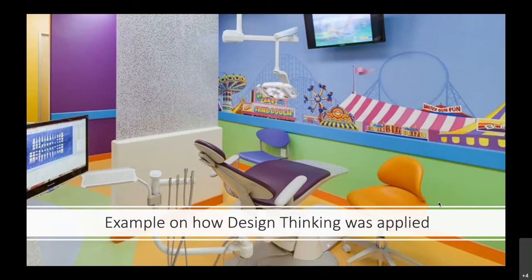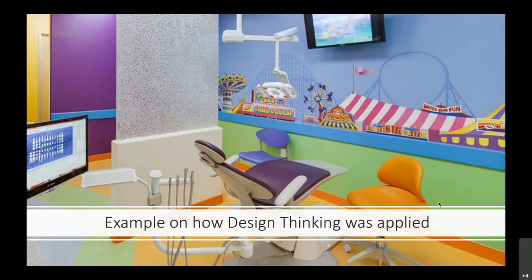So some of the clinics thought of a workshop to come up with an idea on how to improve the patient's experience, how they can improve the feeling that they get as soon as they get to a dentist room. So they did this kind of workshop and tried to find a way to focus on the patient's needs and wants.